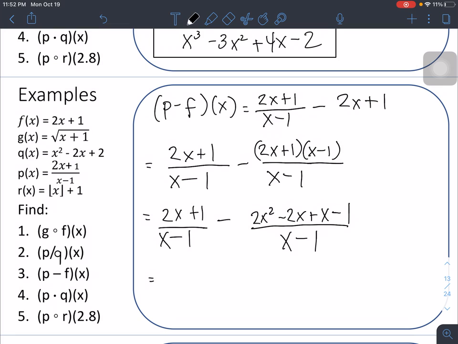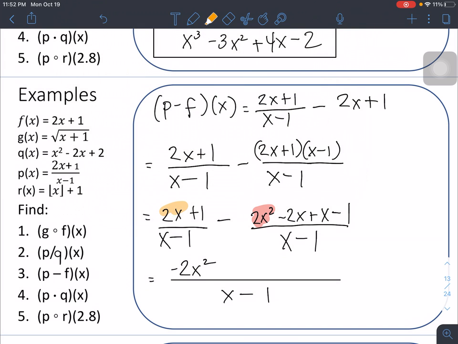So I think I can proceed to subtraction. So combine all like terms. So this will be negative 2x squared first, all over x minus 1. Next will be the x's.